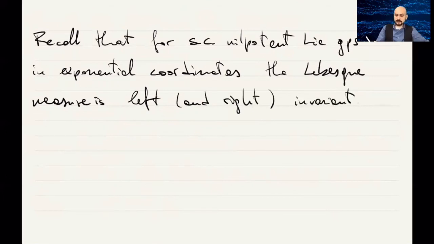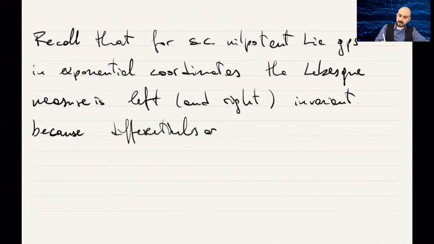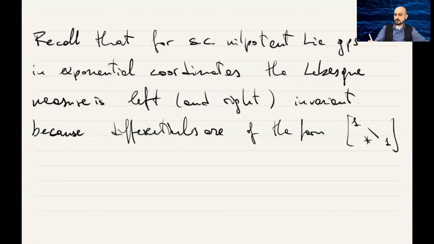One can prove this because the differentials are of the form 1 in the diagonal and something below, with respect to a basis that is adapted to the stratification. Maybe I will recall this again.